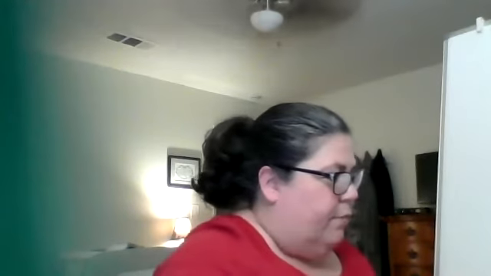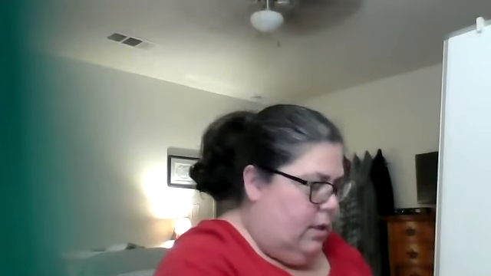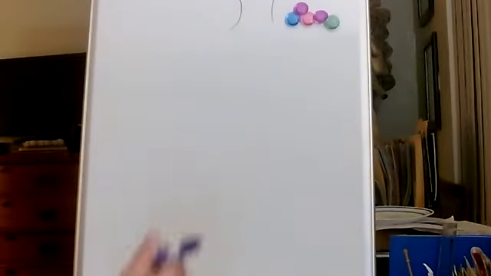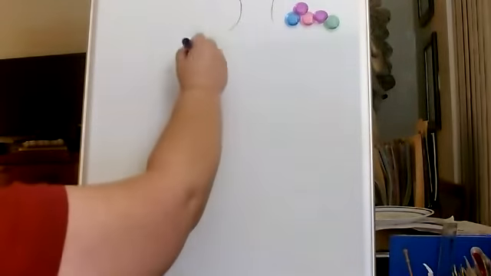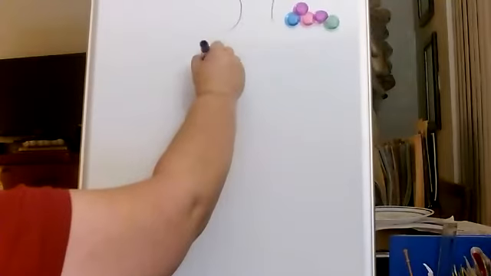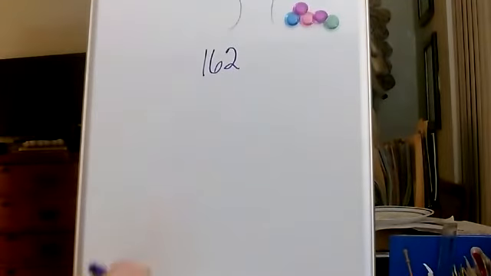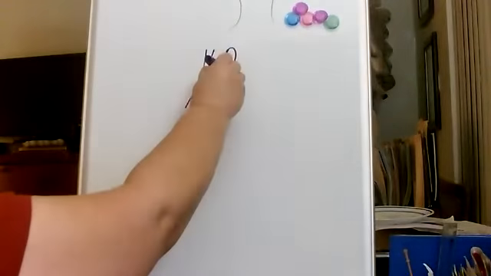So to start with prime factorization, we start with a number. Let's try turning on this camera again. Let's try 162. Okay, now what we do is we start off right here.